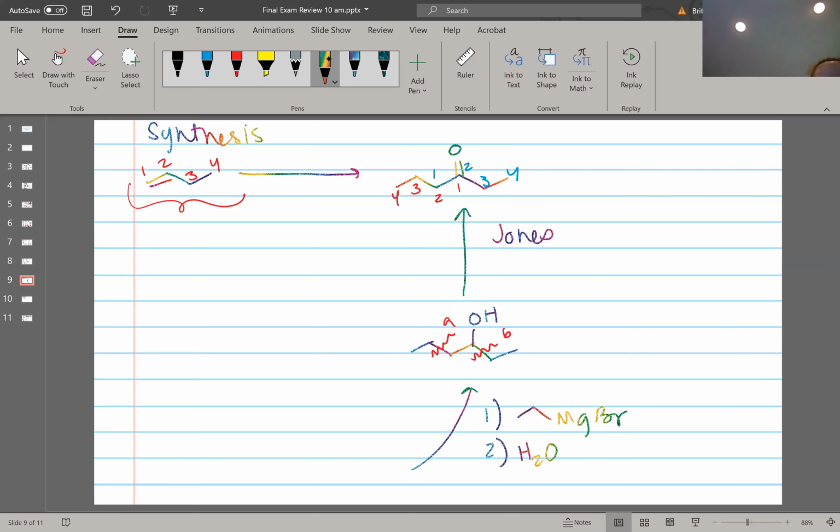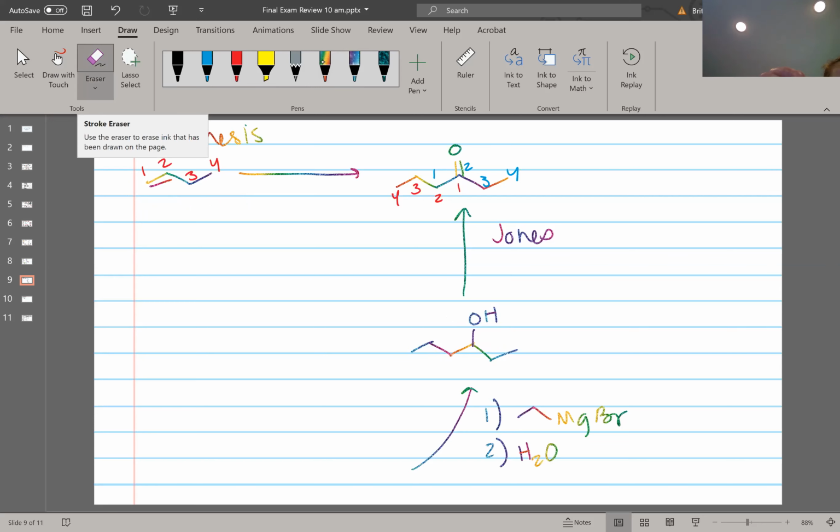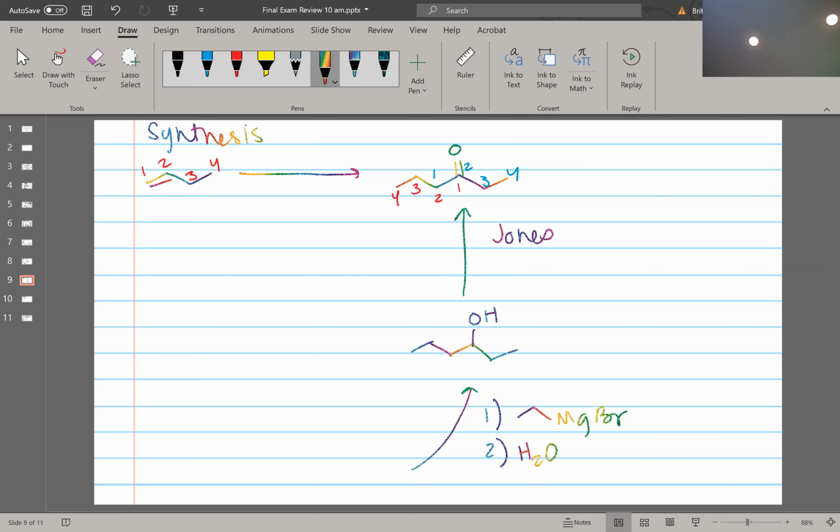What would we be reacting with that Grignard? You can describe it to me or give me the IUPAC name. So right here is our Grignard.